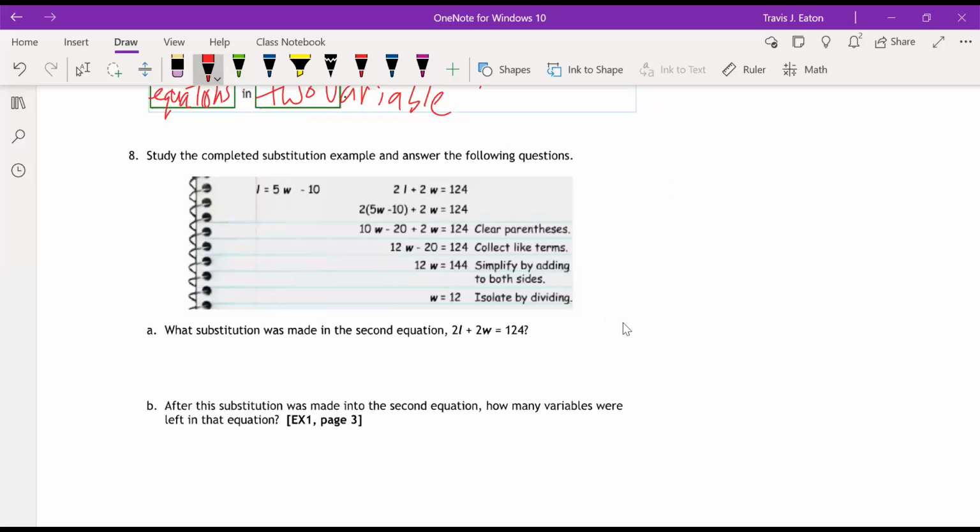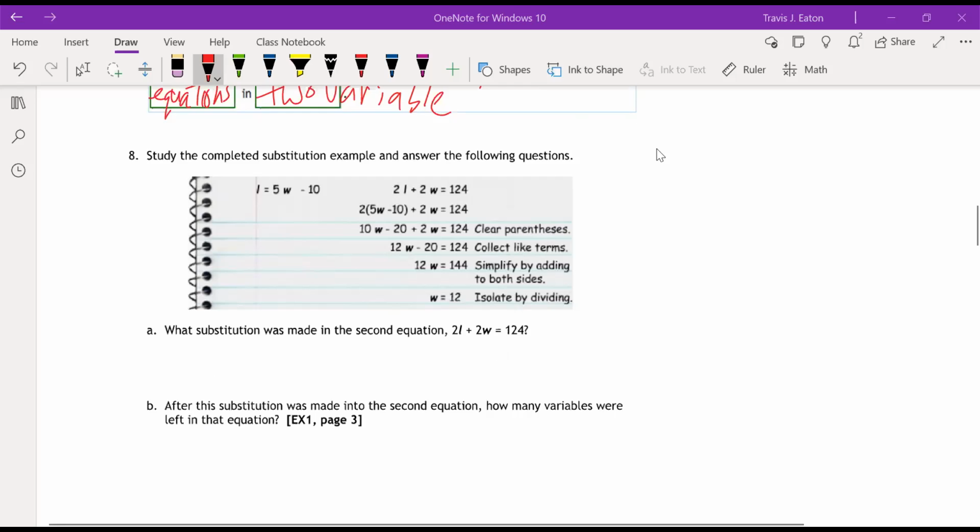Okay. So to answer these questions that we see here, for this one, it says, what substitution was made in the second equation? 2L plus 2W equals 24.